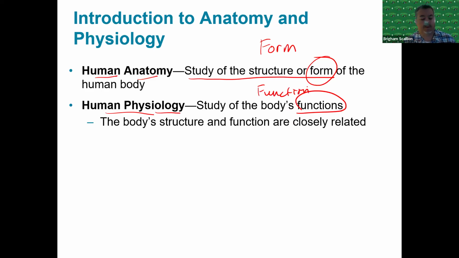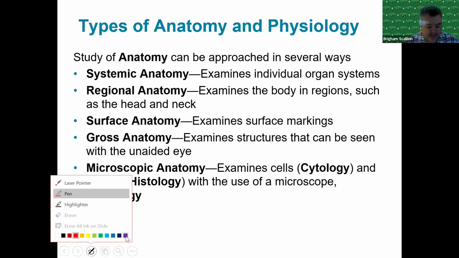So anatomy is the study of the form or structure, and physiology is the study of the function. The body's anatomy or structure and physiology or function are always interrelated, which means the anatomy will always be related to the physiology. Now, how do we study anatomy and physiology?